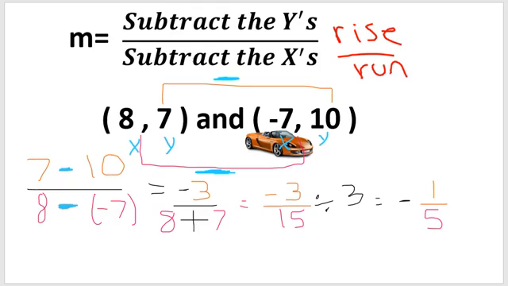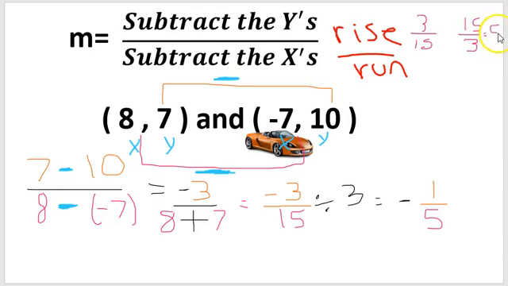This should have been 3 over 15. You need to know that 3 over 15 is not the same thing as 15 over 3. Because 15 divided by 3 is a whole number. This will give me 5.